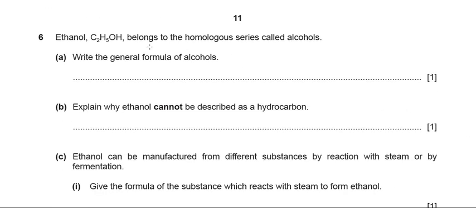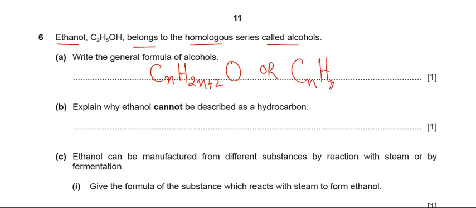In question 6 it says that ethanol belongs to the homologous series called alcohols. Write the general formula for alcohols. We know that the general formula for the alcohol is CnH2n+2O, or we can also write it as CnH2n+1OH.